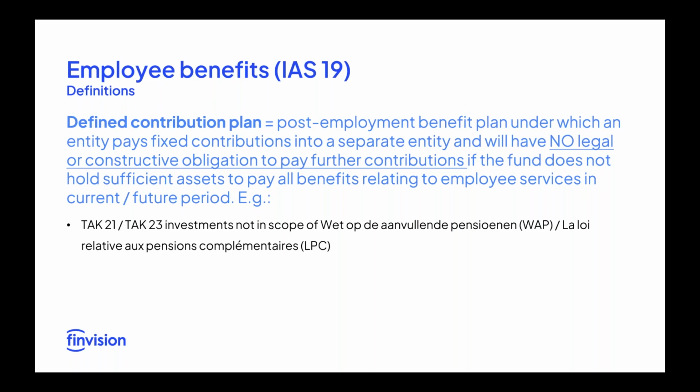And important there, the entity will no longer have any legal or constructive obligation to pay further contributions apart from the fixed contributions they have been paying. Examples are Tak 21 or Tak 23 investments that are not in scope of the law in Belgium guaranteeing a minimum guaranteed return. But we'll come back on that later on.